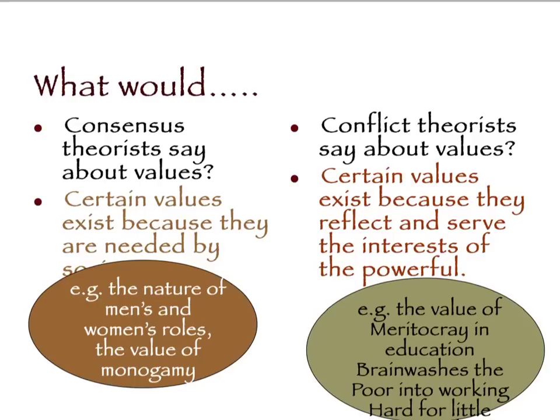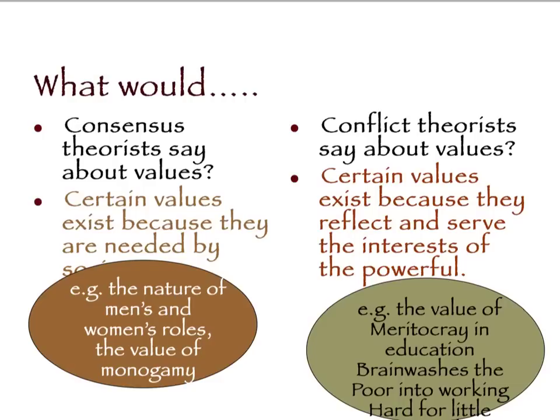Now, consensus theories, what would they say about values? So think about what our consensus theories are that we know about, okay? They would argue that certain values exist because they are needed by society to create social harmony and to allow the society to function in an effective way.